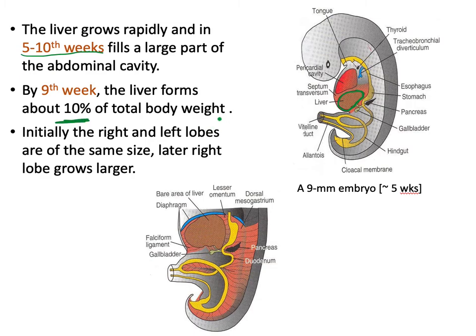That means it's really enlarged. And you know that the liver has a right lobe and a left lobe, but initially the right lobe and left lobe are of the same size. But later, the right lobe grows larger.